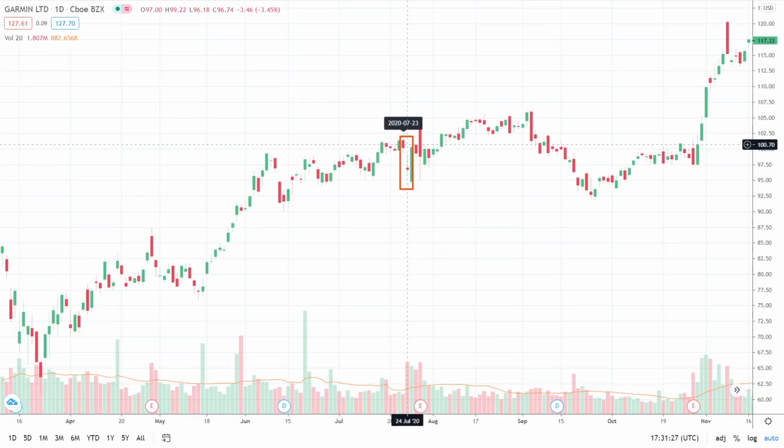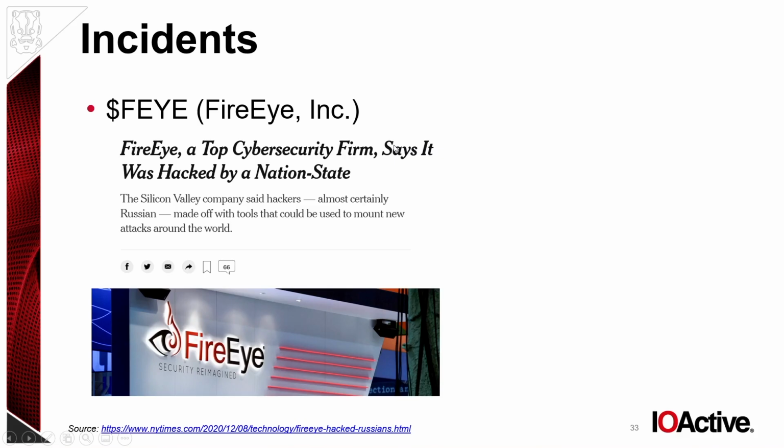And we can see a minus 3.45%. But as you can see, again, the stock went up the next month. It recovered quickly. In 5 days, you can see this candle here, the price was above the original levels.